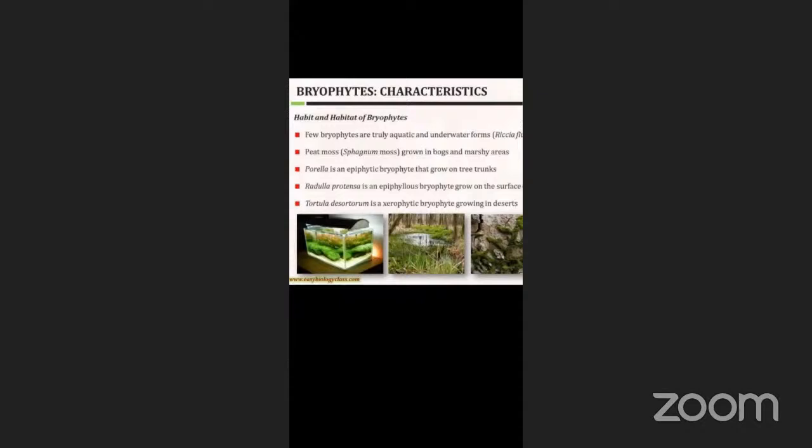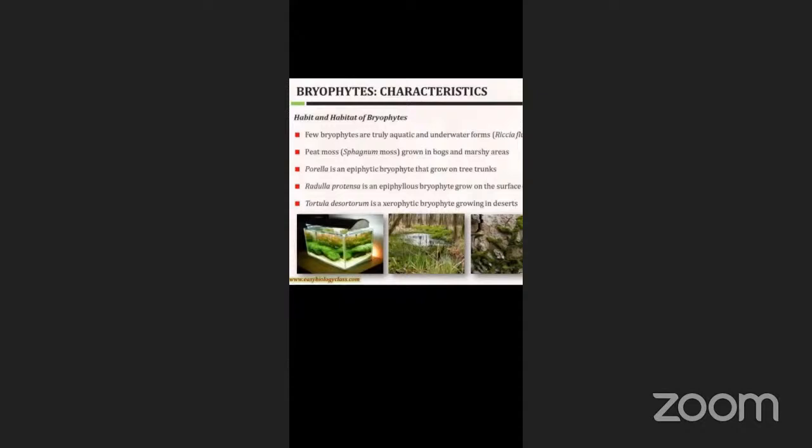There is no differentiation into root, stem and leaves. For example, liverworts. Branching is dichotomous or sometimes irregular. On the ventral surface, multicellular scales are present and some unicellular rhizoids are also present. On the dorsal surface a thickened midrib is present, with an apical notch, and it bears the reproductive organs.